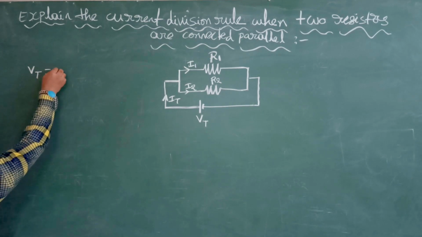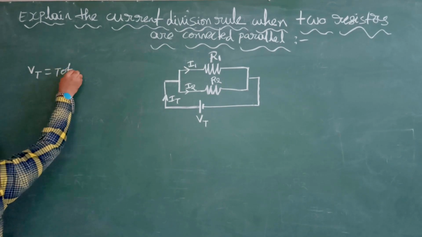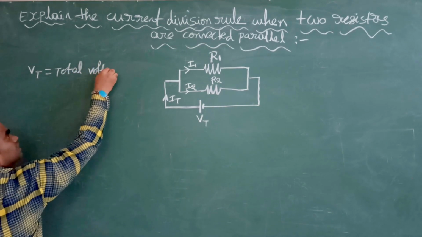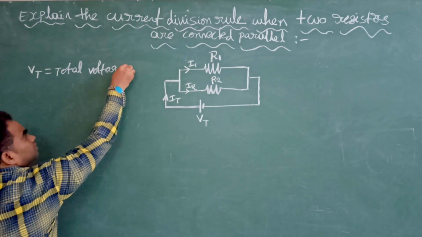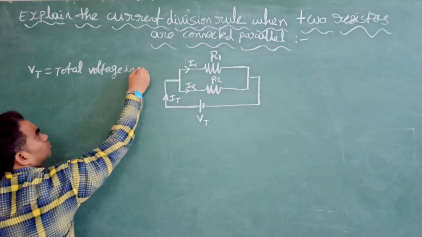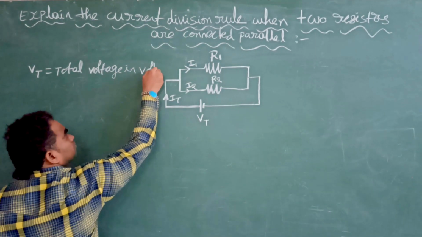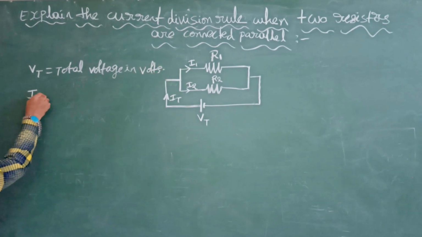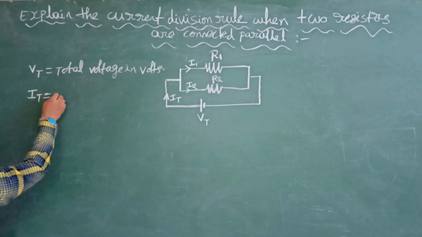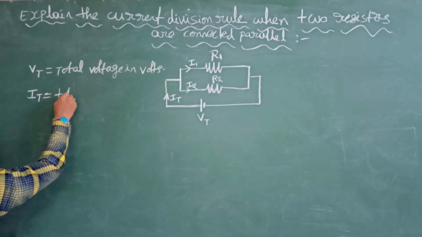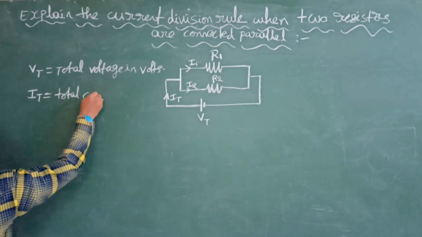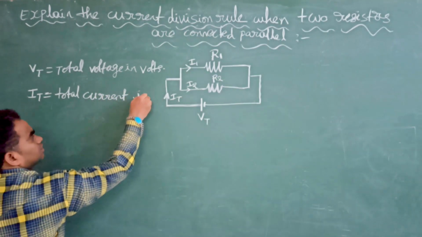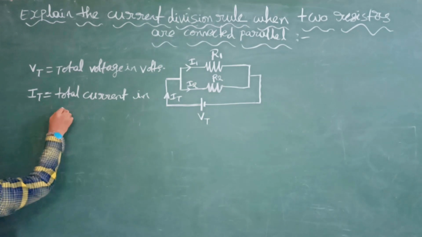VT is equal to the total voltage in volts. IT is equal to the total current in amperes.